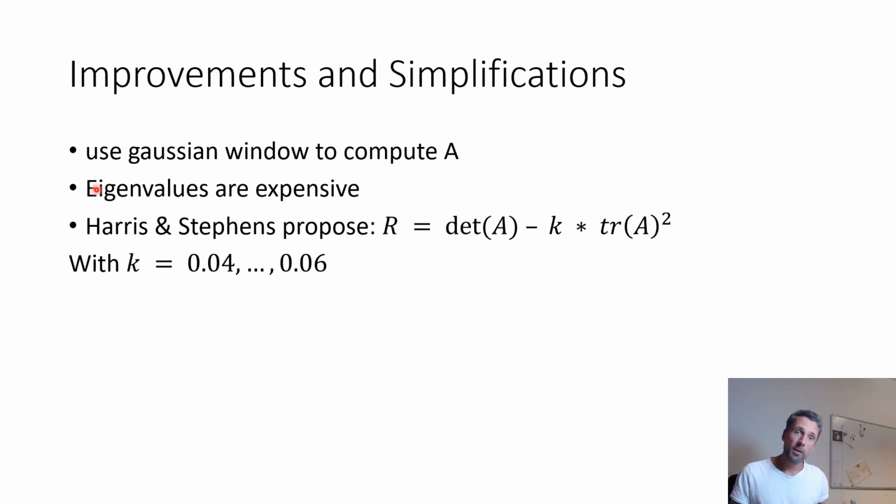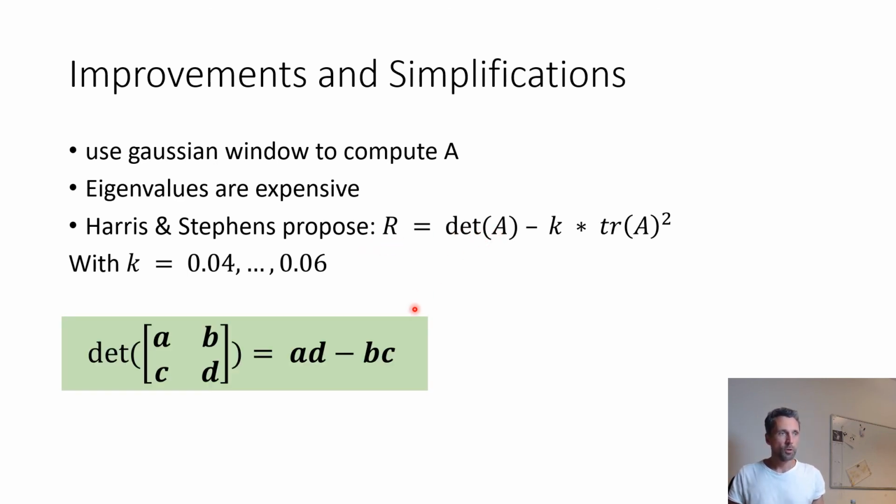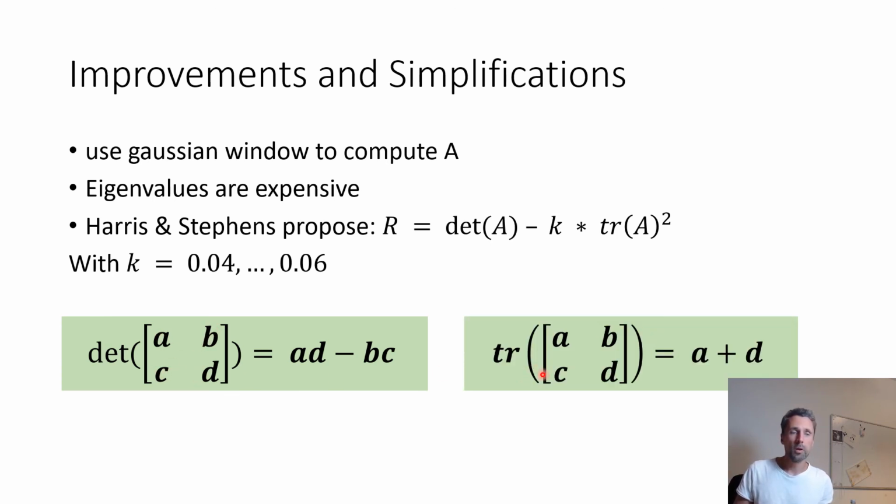And since the eigenvalues are expensive to compute for all the different image locations, Harris and Stevens propose using a helper value called R, and this score is a function of the matrix's determinant and the trace. For those of you who don't know what a determinant is, for 2x2 matrices that's just the product of A and D minus B and C, and the trace is just the sum of the diagonal components.